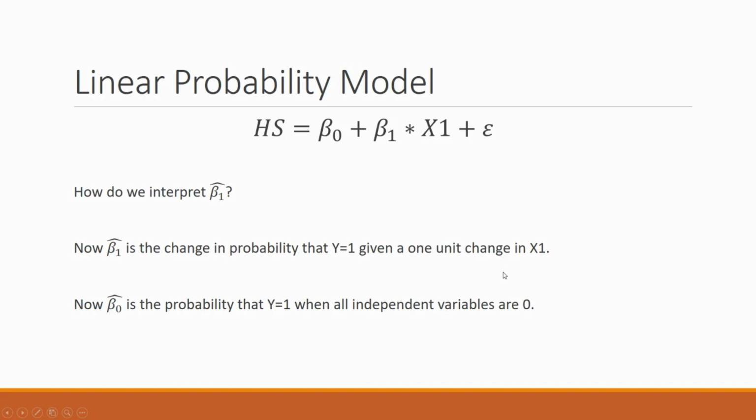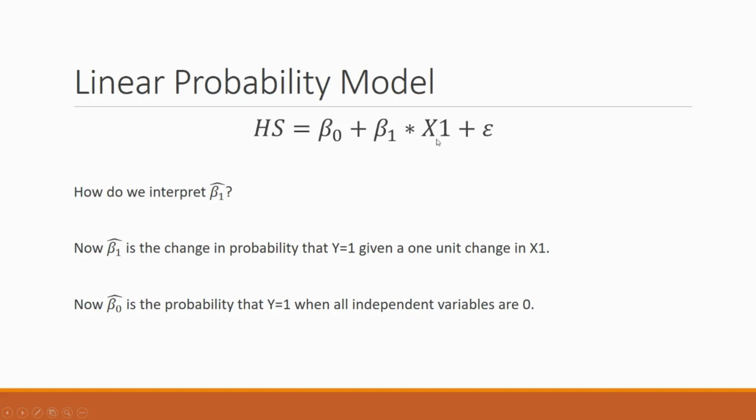What beta 1 hat is, it's the change in the probability that someone will have y equals 1, or hs equals 1. It's the change in the probability that someone will have a high school degree given a unit change in x. Let's say x1 is their grades.